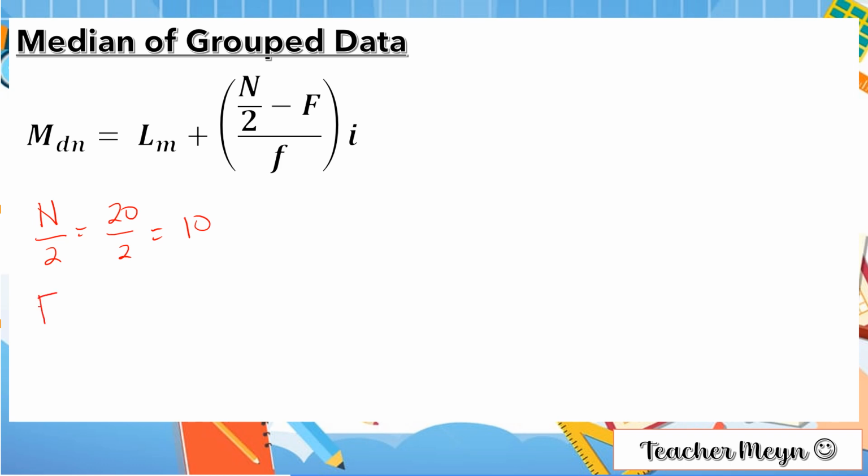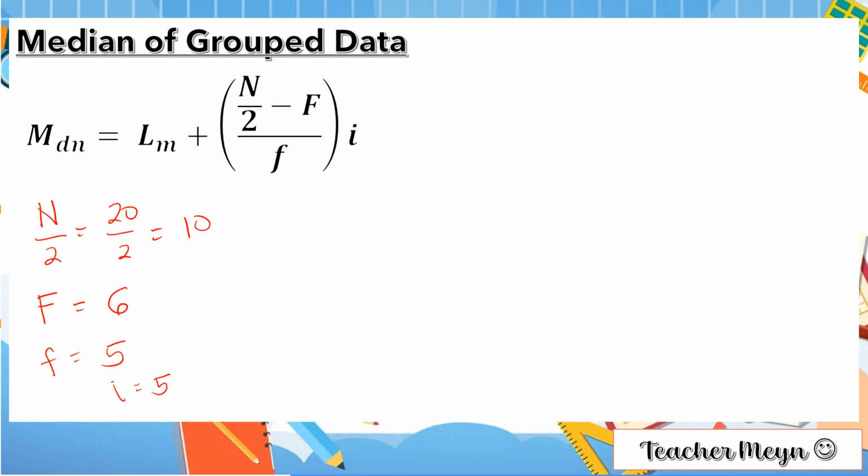Our cumulative frequency preceding the median class is 6. Yung frequency ng median class natin ay 5, and our class interval is 5. Alam na po natin kung paano nakuha yan, no?